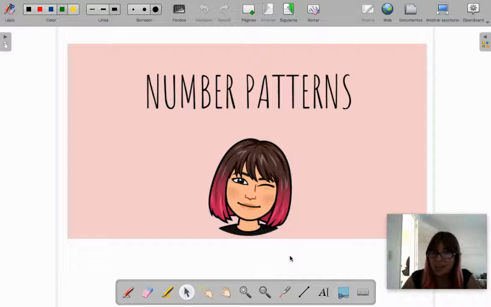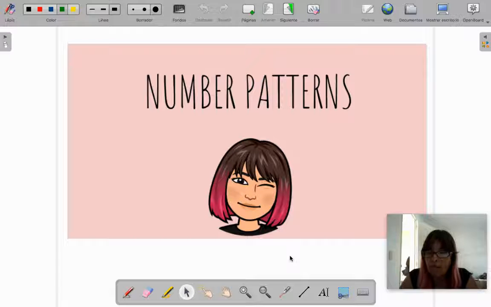So let's see, what are we learning today? You have been learning a lot about numbers, like we have said before. So today, now that you are becoming experts on numbers, you're going to start counting and making number patterns.